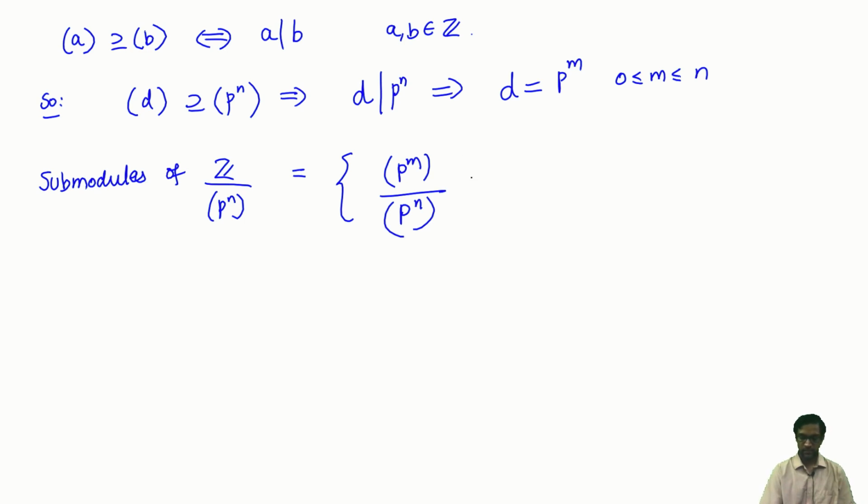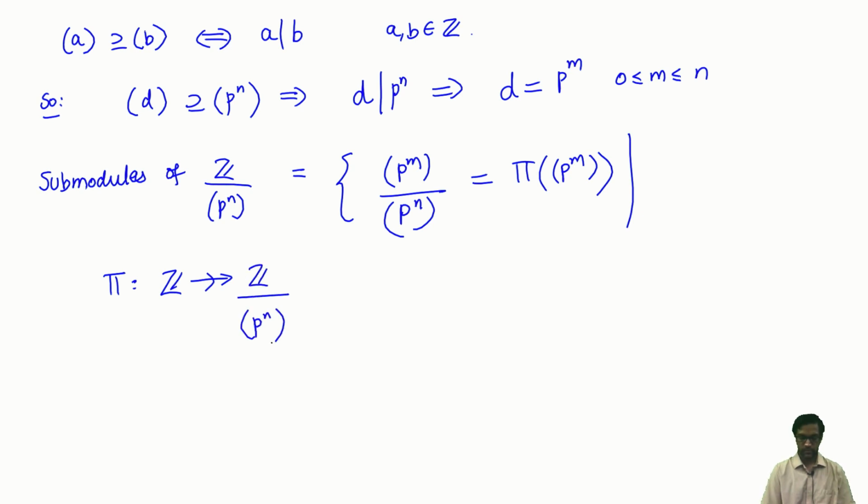Another notation for this is what we used earlier, pi of p^m Z, where pi is the projection map from Z to Z modulo p^n, so all cosets of all elements coming from p^m, and m is now a number between 0 and n. So the submodules look exactly like this.